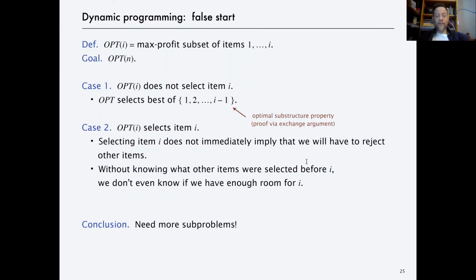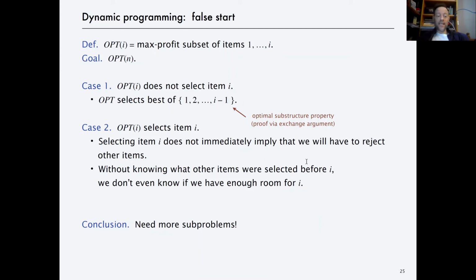So again, here is one attempt to try to do this. For all of these dynamic programming problems, what we need to do is to define the state.